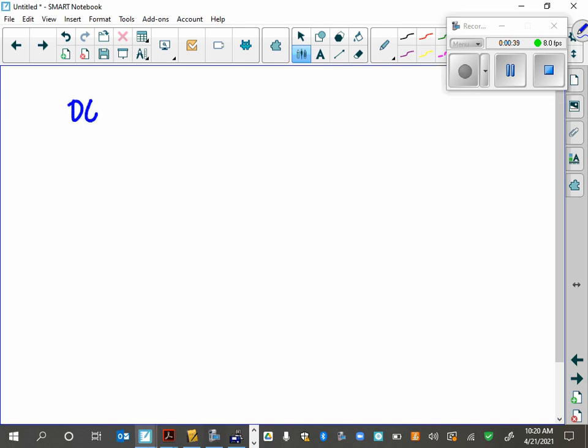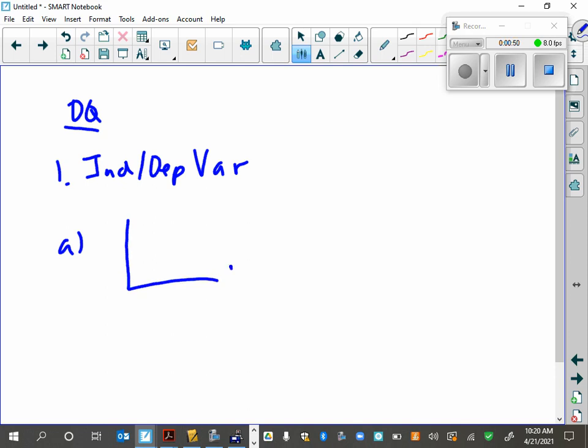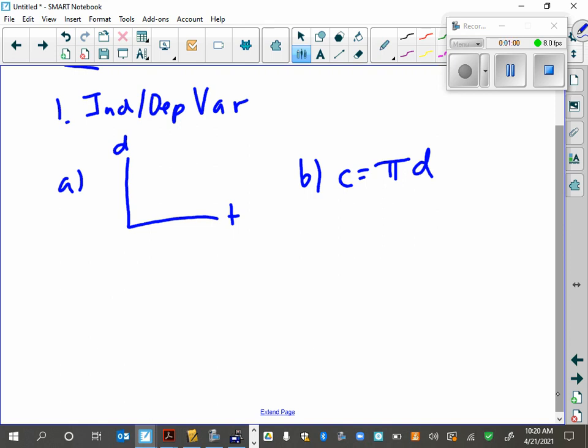Alright, here's your daily quiz. Independent and dependent variable. Tell me which is which. Find the x-y intercepts.